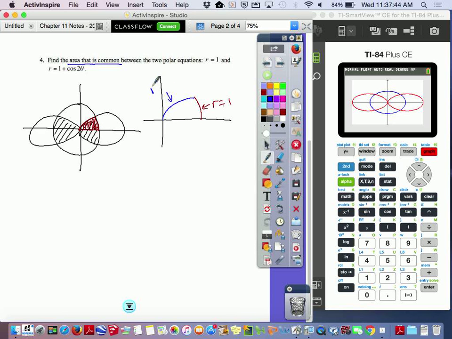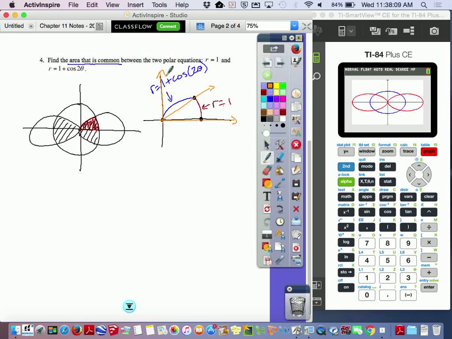So that's going to be r equals 1 plus cosine of 2 theta. Now I need to figure out what the radial lines are at these intersection points. So I need to find this radial line, and whatever this one ends up being.